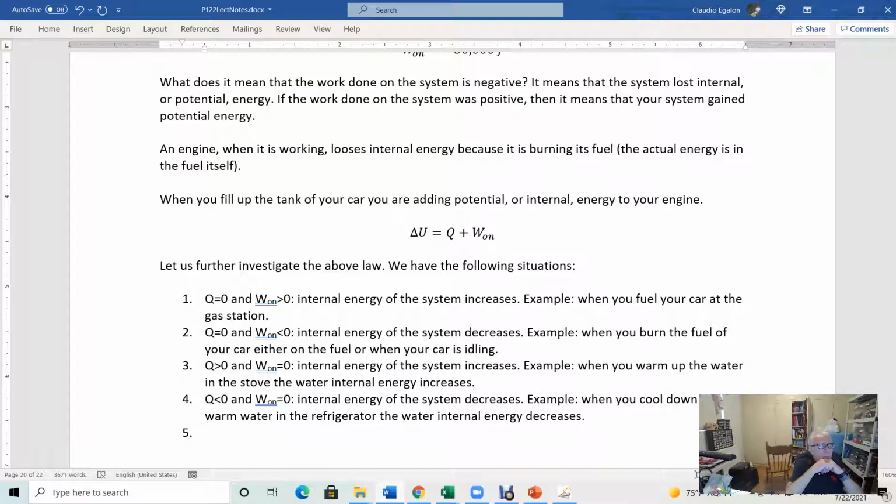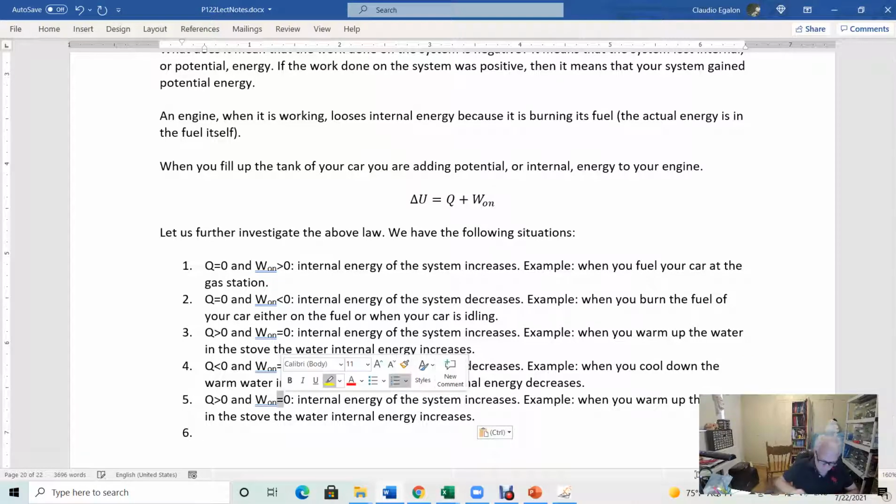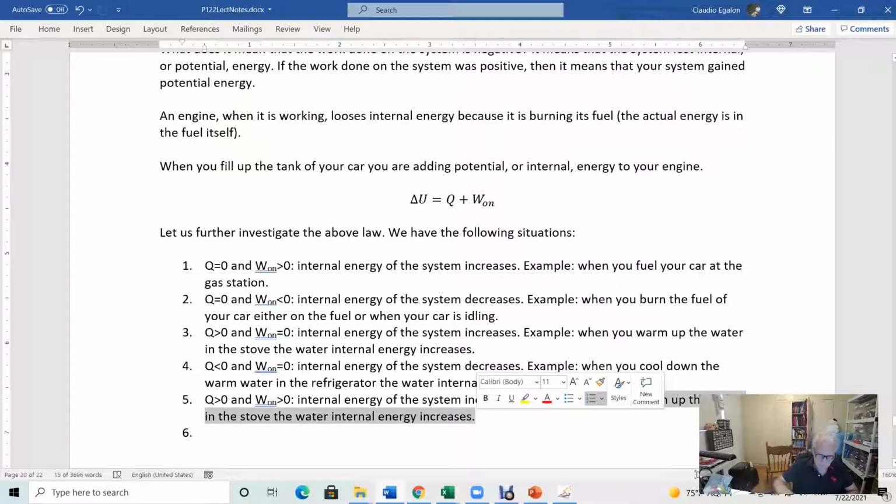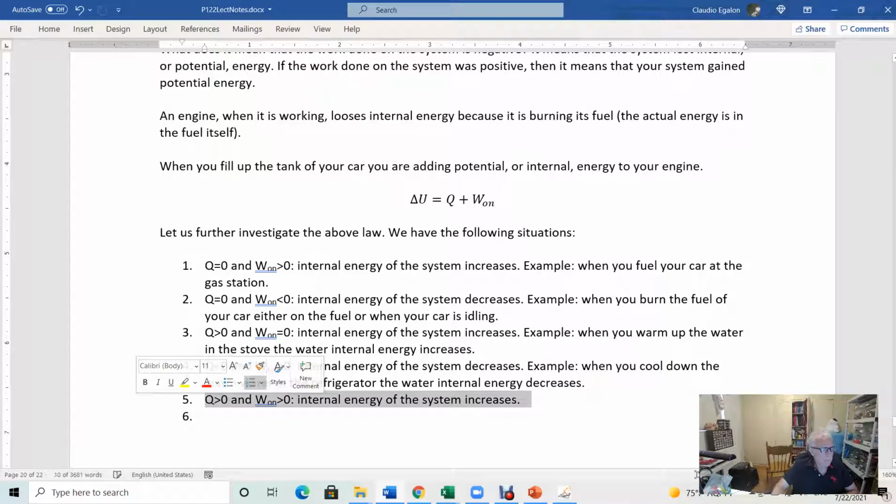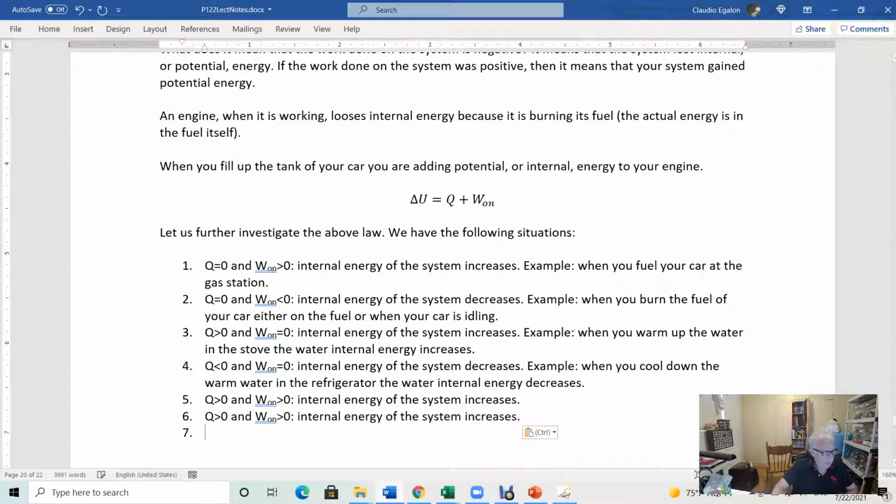different from zero, right? We also have this situation here. Internal energy of the system increases, right? I'm not going to give an example in this case. We can have a situation in which the work is negative.